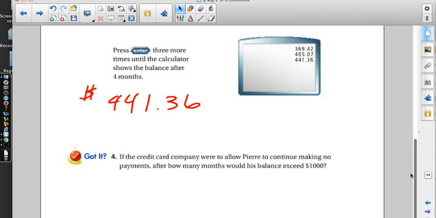That was 4 months. 5, 6, 7, 8, 9, 10, 11, 12, 13, 14, 15, 16, 17, 18. 18 months, over $1,000.